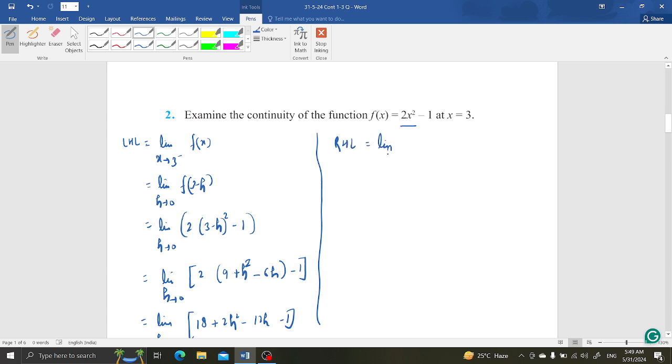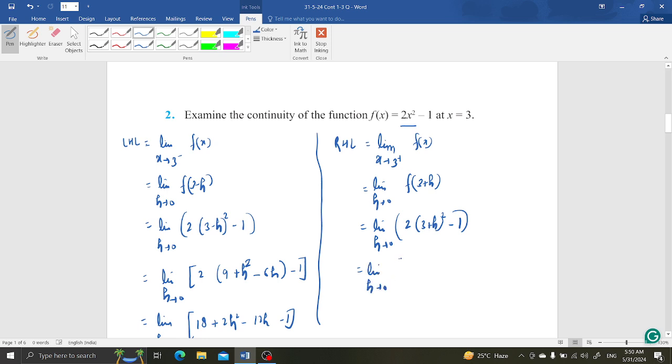Limit x tends to 3 positive f(x), limit h tends to 0, f(3 plus h), limit h tends to 0, 2 times (3 plus h) whole square minus 1. Understand? Again we need to open it, same as before.